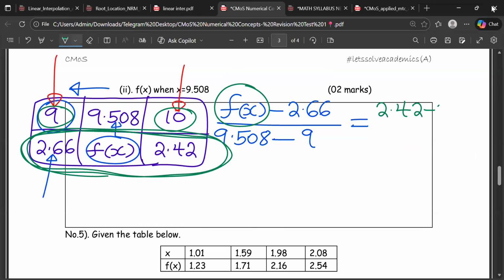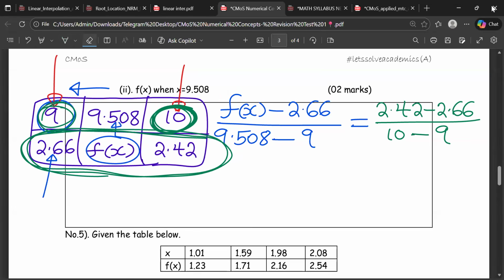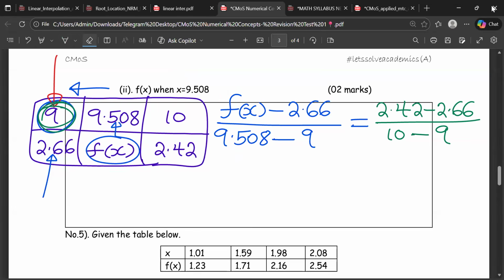Then down we can have the 10 minus 9. Why 10 minus 9? We get the corresponding value on top of each, on top of 2.42, on top of 2.66. Then after I can rub all these things and make my table clean.